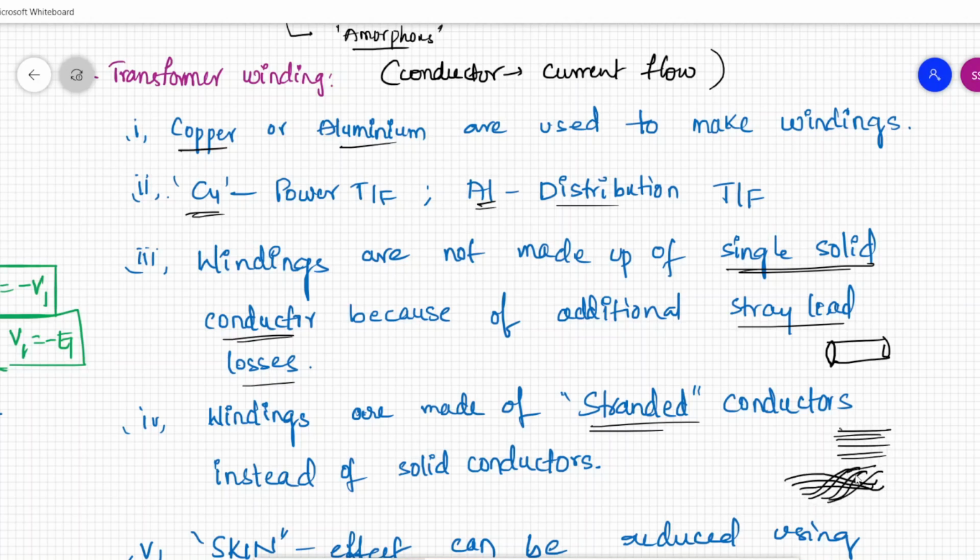If you observe any transmission line, or any copper wire in house wiring equipment, that copper wire will have small conductors. They are called strands. Each one is called one strand. This stranding process will reduce some of the losses. That's why stranded conductors are used for windings in any machine.